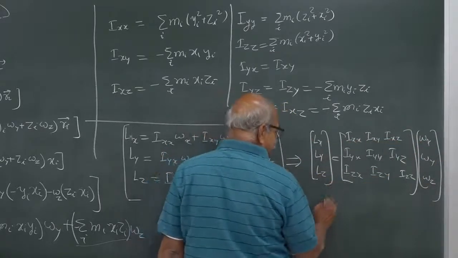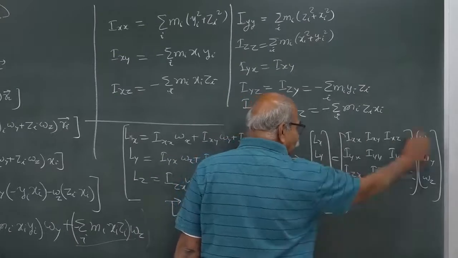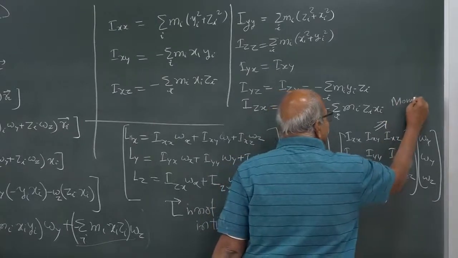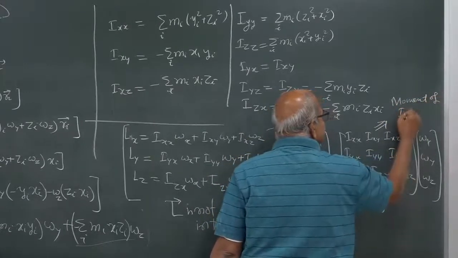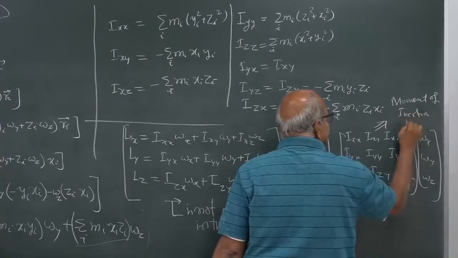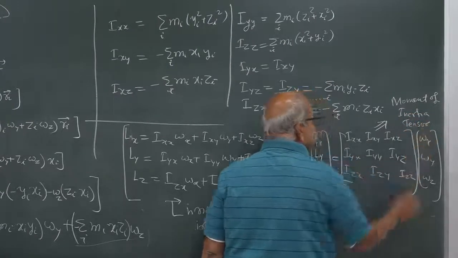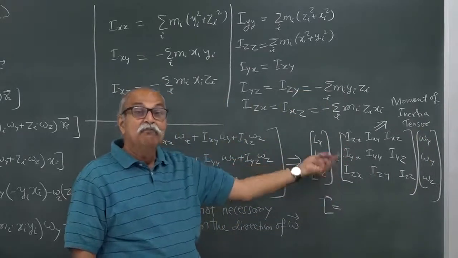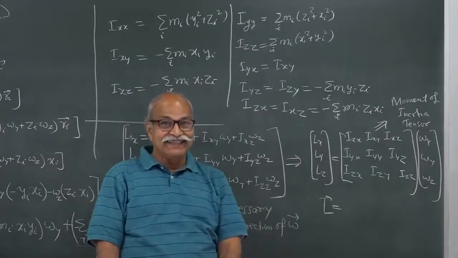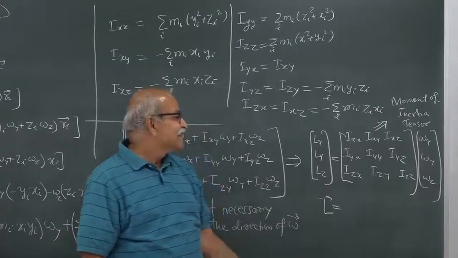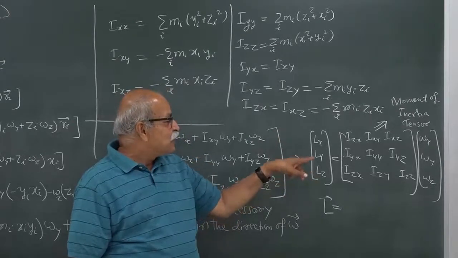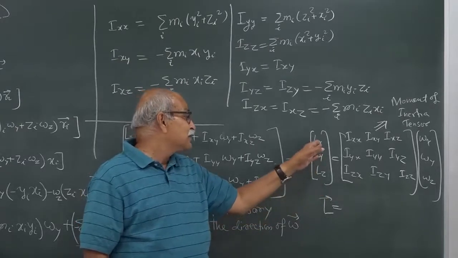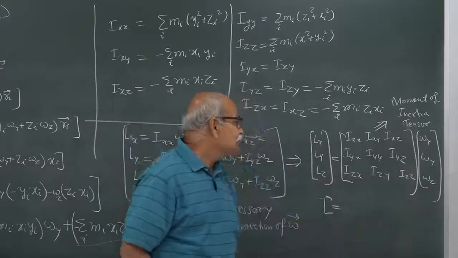This whole thing is called the moment of inertia tensor. This is moment of inertia of the object, of the rigid body about the origin, not about a line, about the origin. So, moment of inertia about the point, about the origin, is needed to get the relation between angular momentum and angular velocity.